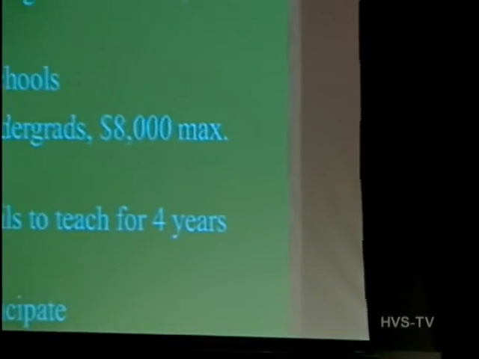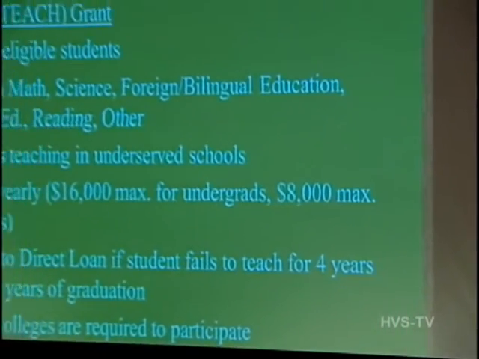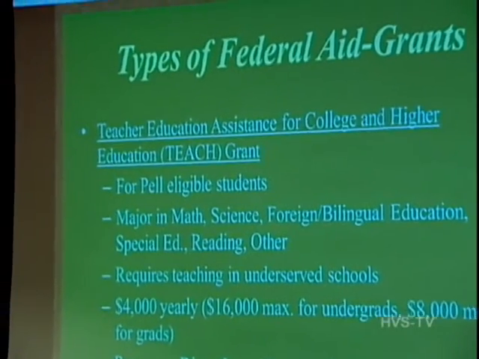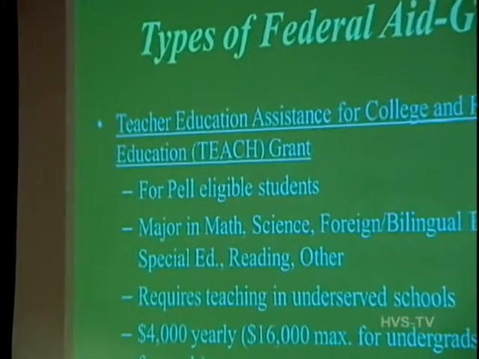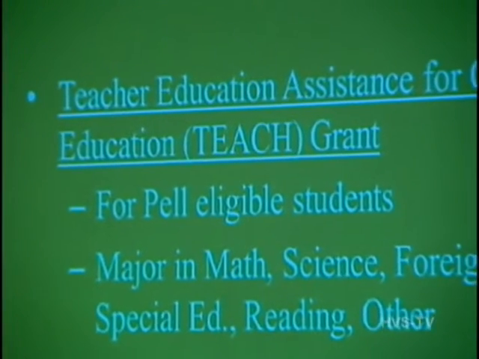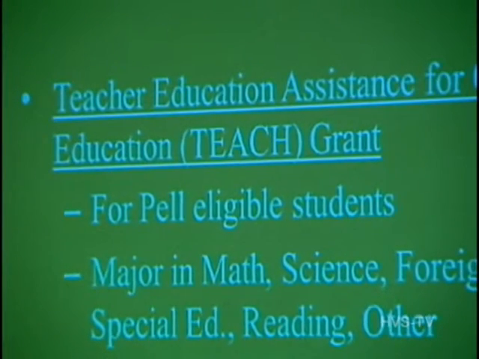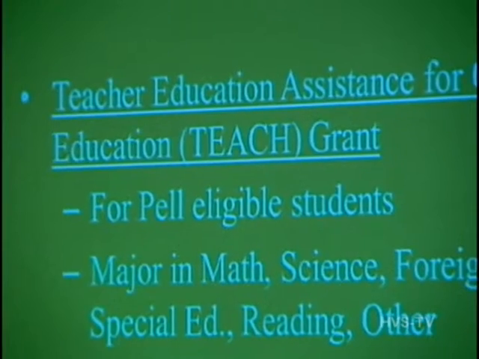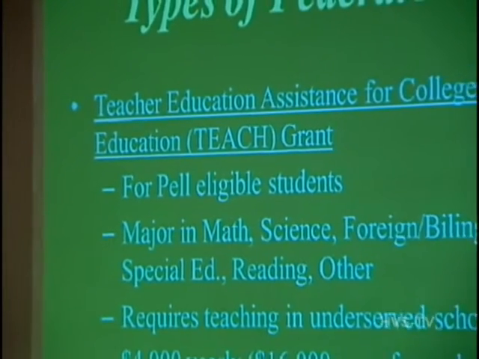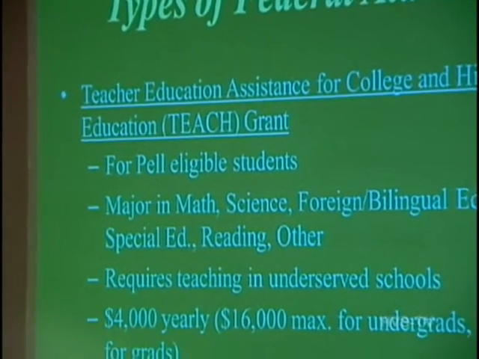So, what the student would have to do is teach in an underserved school district for at least 4 years within 8 years of graduating from college. Okay? If they meet that requirement, they can receive up to $4,000 for the year, or $16,000 max for their undergrad studies. If they fail to meet that obligation, then that money turns into an unsubsidized student loan.